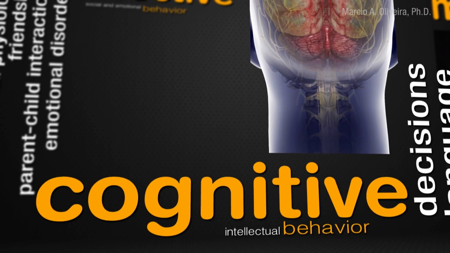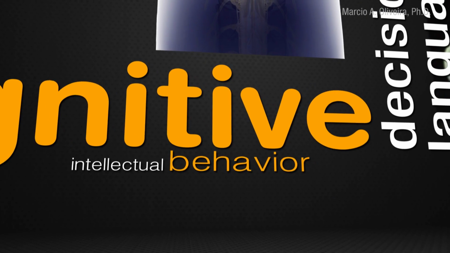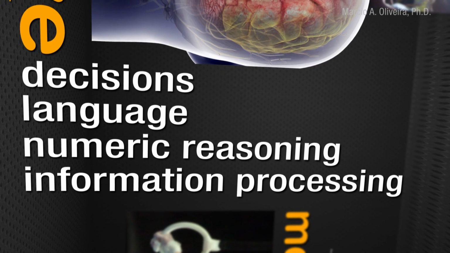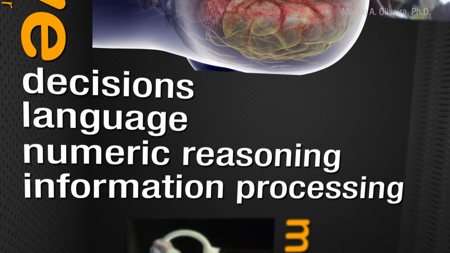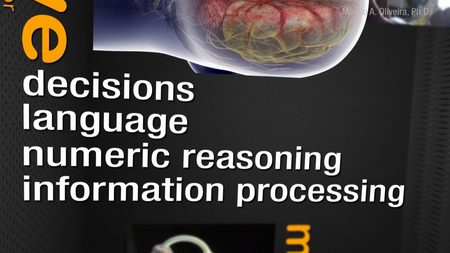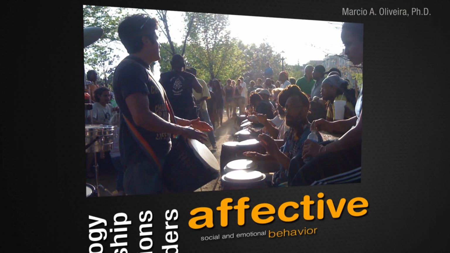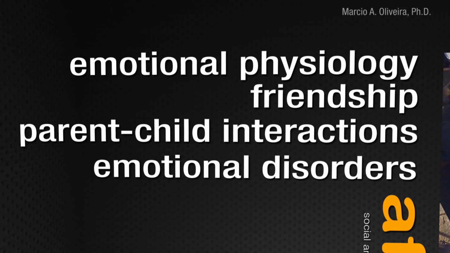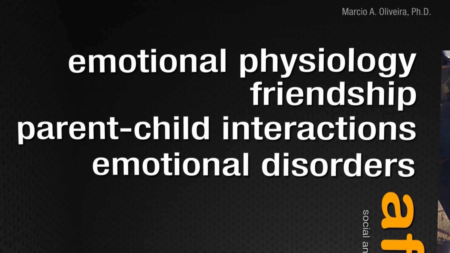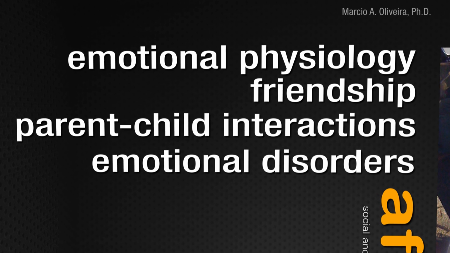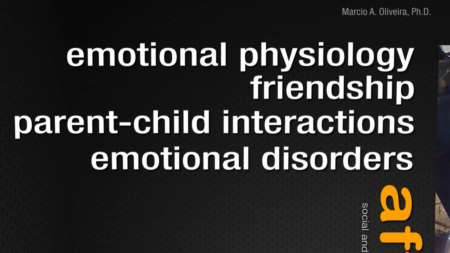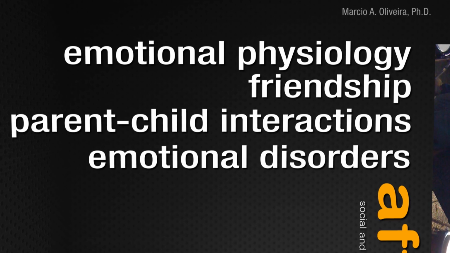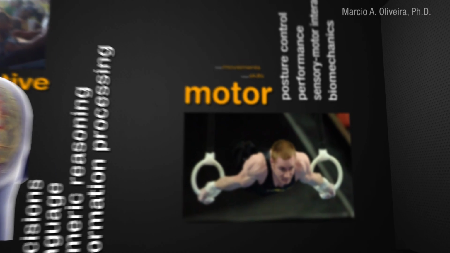Remember, cognitive refers to our intellectual behavior, and involves decision-making, language, numeric reasoning, information processing, etc. Affective is our social and emotional behavior. It is how and why we play, our emotional physiology, friendship, parent-child interaction, and emotional disorders such as depression or antisocial behavior.